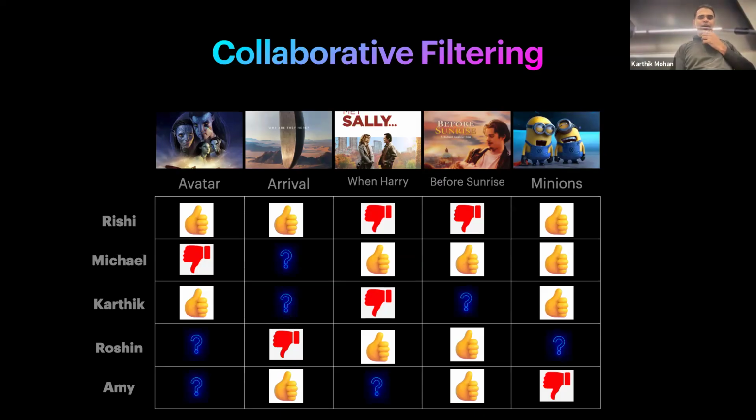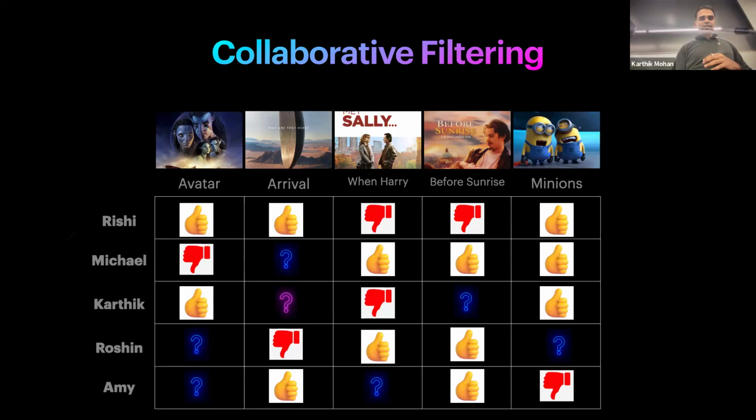So you want to predict the question marks. That's the problem, right? Let's say I want to know if I like Arrival. I'm going to see that I'm kind of similar to Rishi because we both like Avatar, we both like Minions, and we both don't like When Harry Met Sally. So somehow my preference is matching up with Rishi, and I can say, well, Rishi likes Arrival, so maybe I'll like Arrival.